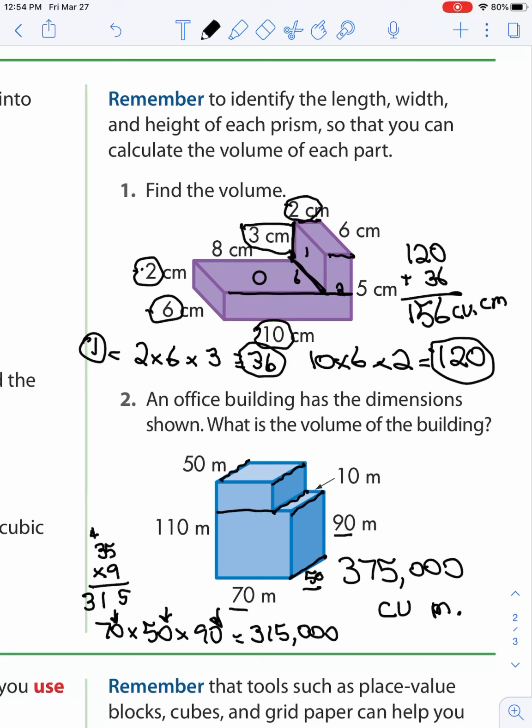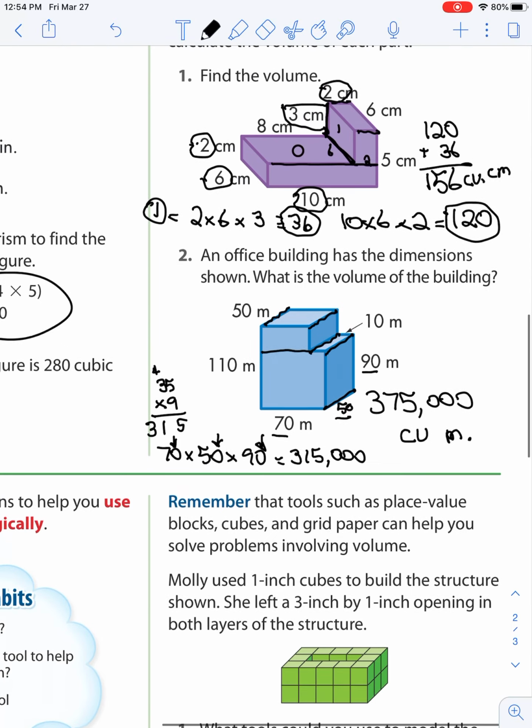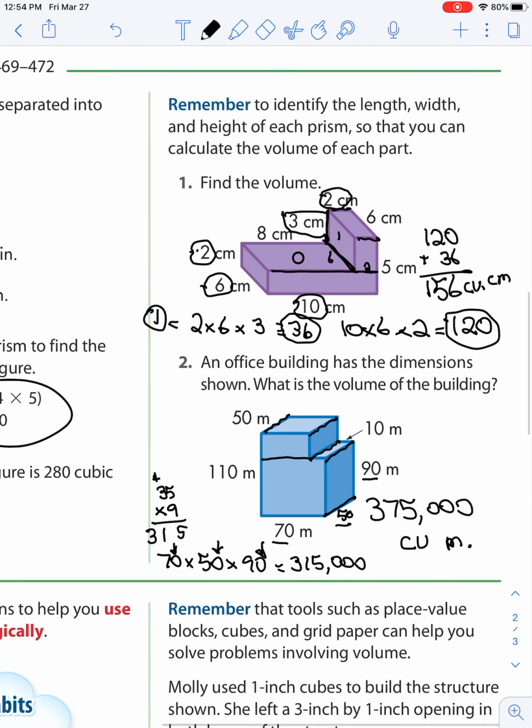Okay. The top rectangular prism, I'm going to run out of room here, so I'll do it over here. We're going to do 70. And I see that this length right here is 10.